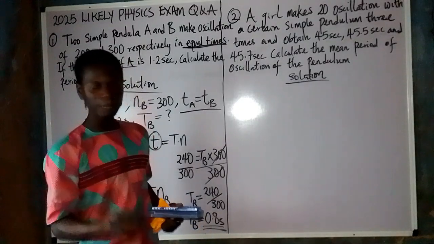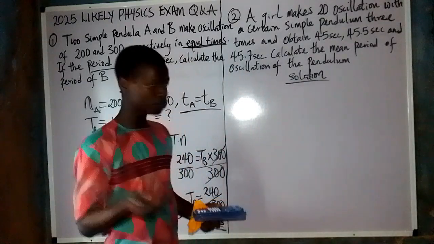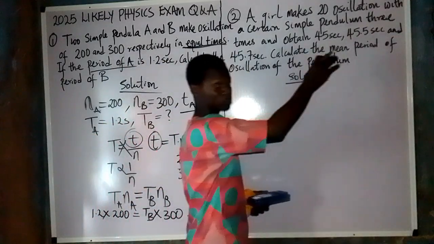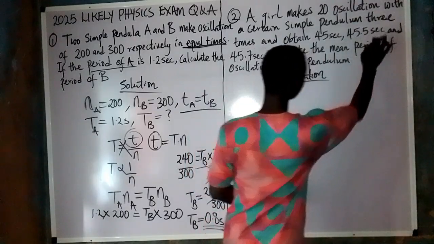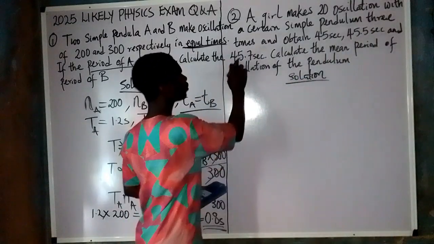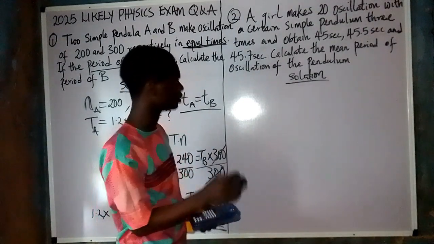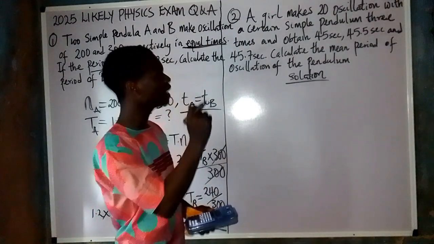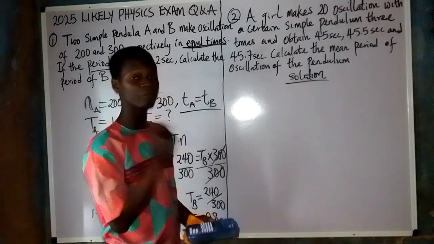And she obtained the following periods: 45 seconds, 45.5 seconds, and 45.7 seconds. These are the different periods she obtained. Then they said, calculate the mean period of oscillation of the pendulum.